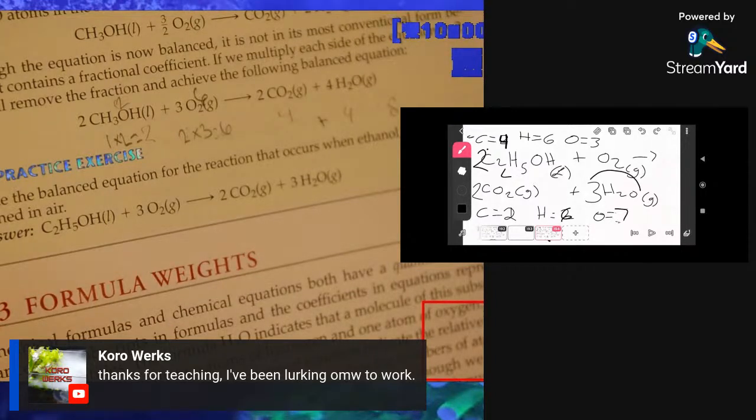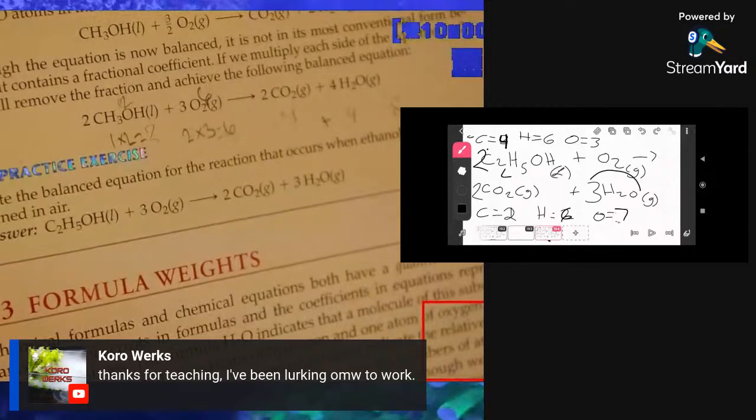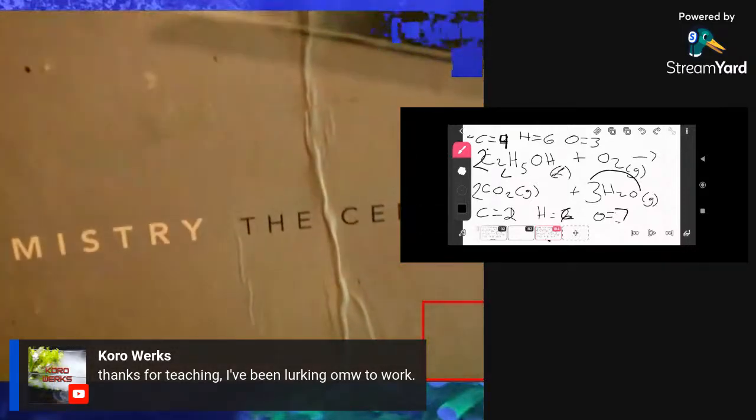So the book is the most expensive thing. Thanks for teaching. All right, but honestly, Coral, all you need is just the book. Let me show you the cover of this book.